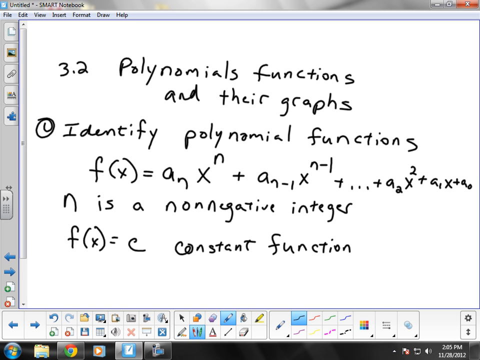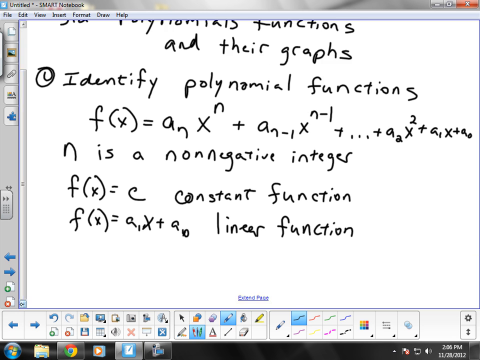And then we have the ones where f of x is equal to some number times x to the first power, right? If you don't have an exponent, x is automatically to the first power. If x is to the first power, it's called what?